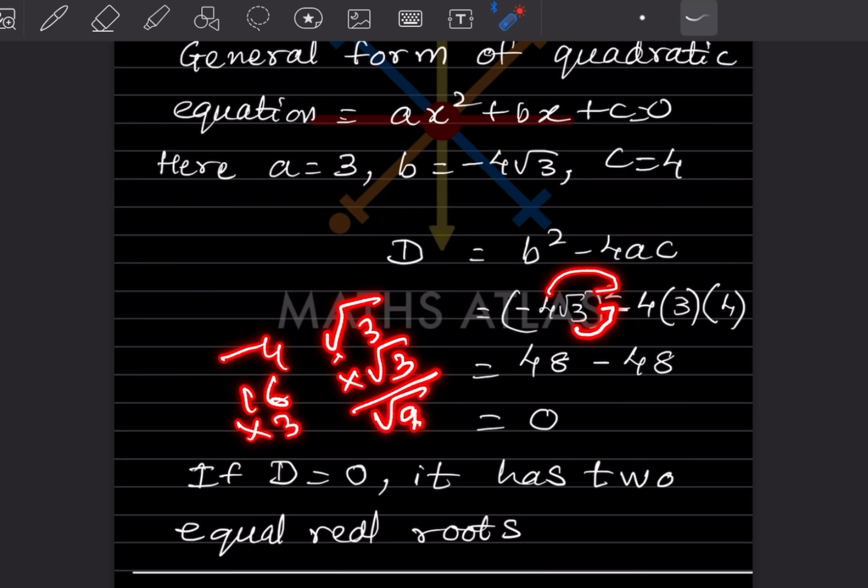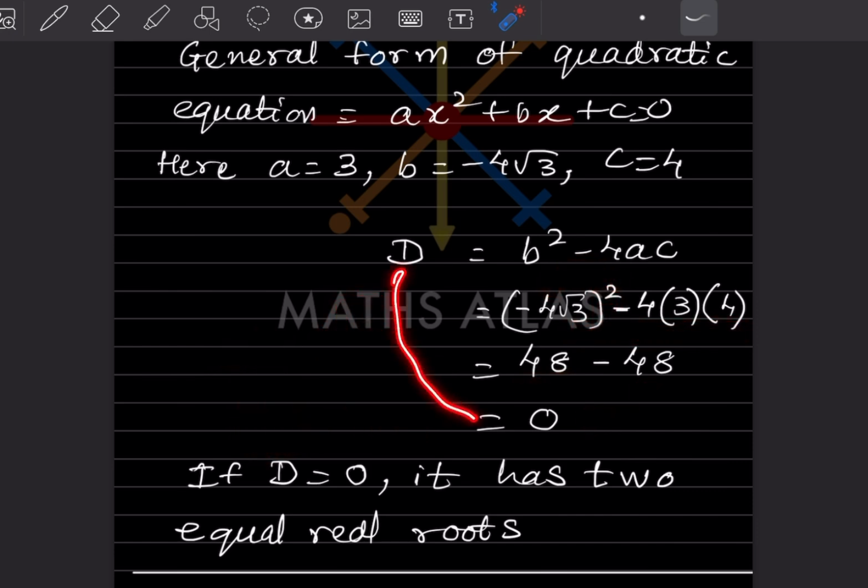So 16 into 3 is 48, and minus 4 into 3 into 4 is minus 48, so that is going to be 0. When the discriminant is 0, we can say that it has two equal real roots.